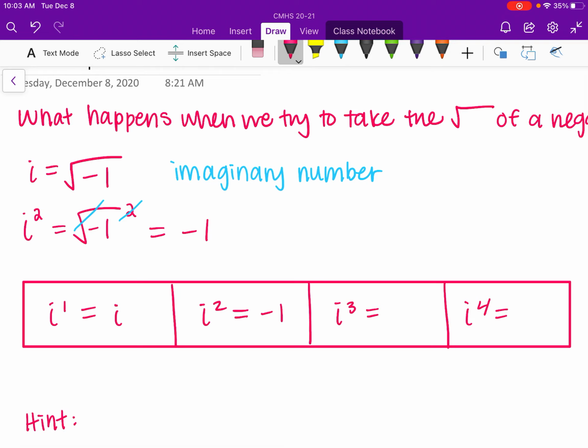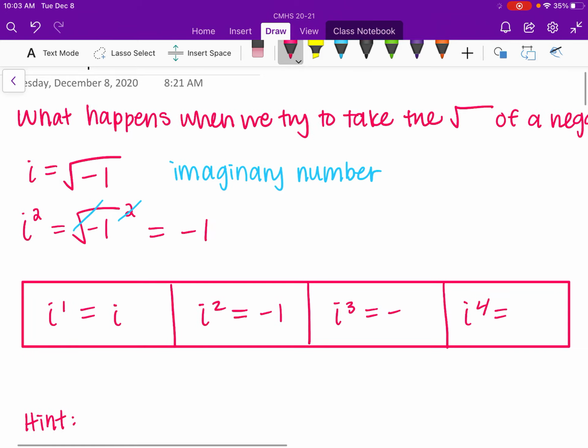So those we already knew. What happens if we multiply those two together? We'll get i to the third. I times -1 is -i. And if we multiply the i squareds together, we'll get i to the fourth, and it is 1.